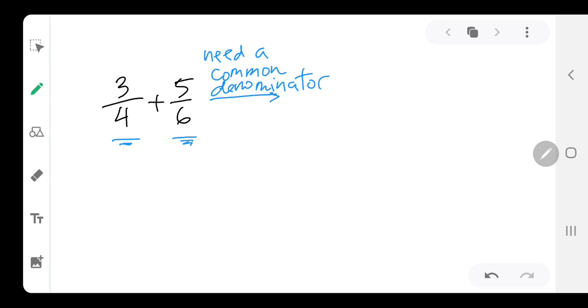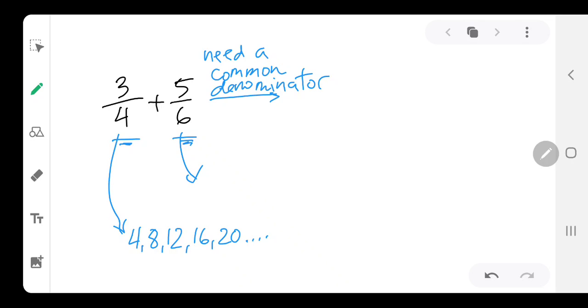And one of the strategies that I showed you was to get common multiples between 4 and 6. And we made a list of these, right? So we made a list of the multiples of 4 and 6. The multiples of 4, starting with 4 times 1, is 4. Then we have 8, we have 12, we have 16, we've got 20, and so on.